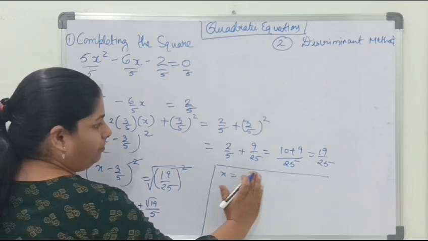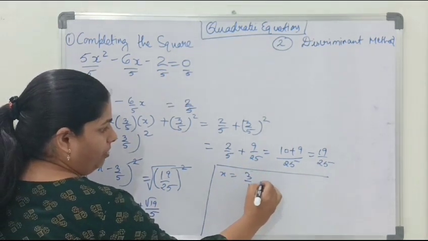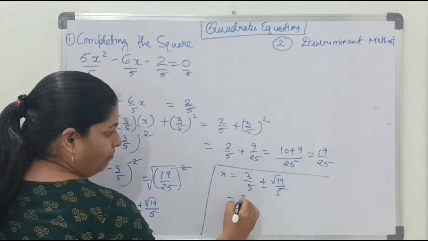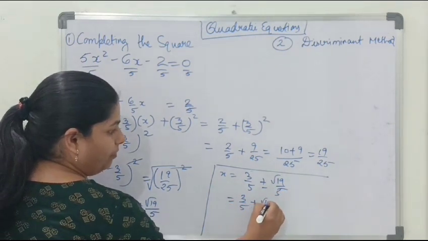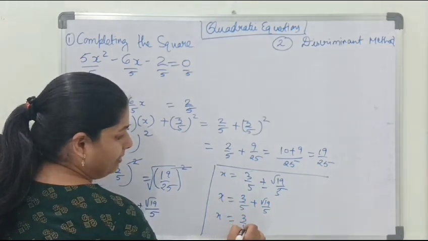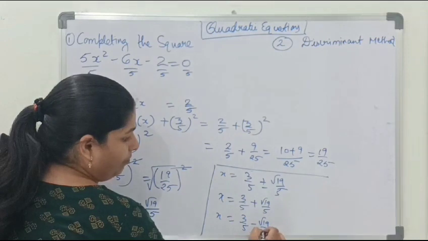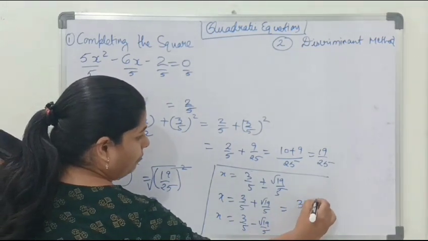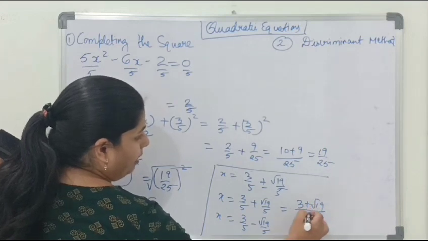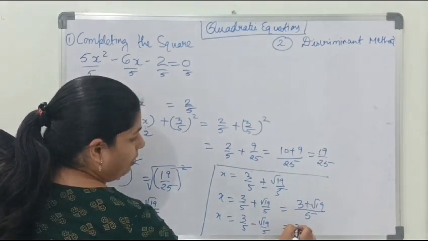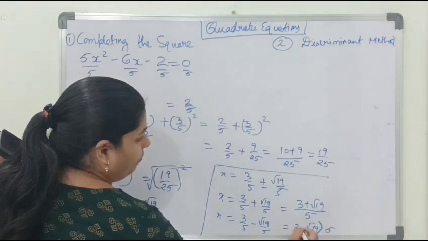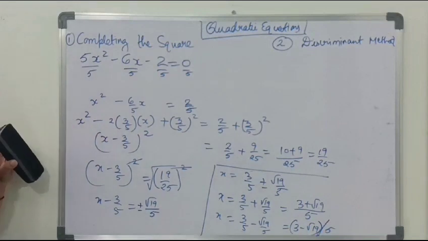So once I will take plus root 19 by 5 and the second value will be minus root 19 by 5. This can be written as 3 plus root 19 by 5 and 3 minus root 19 by 5. So these are my root values.